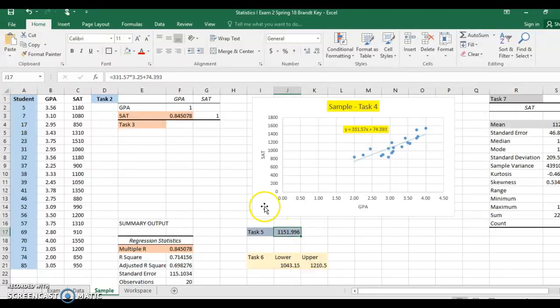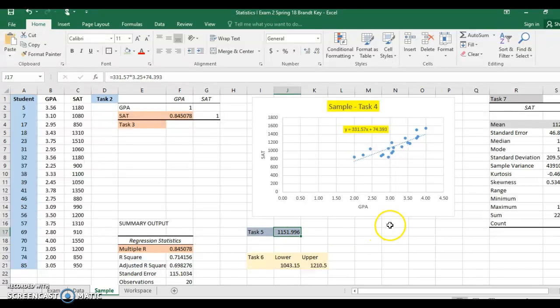So when I did that, I typed in equals into this cell, and I typed in 331.57, which I got here, times 3.25, which was the GPA of the student that we were predicting the SAT score for, and then plus 74.39. And I hit enter, and it produced this prediction.